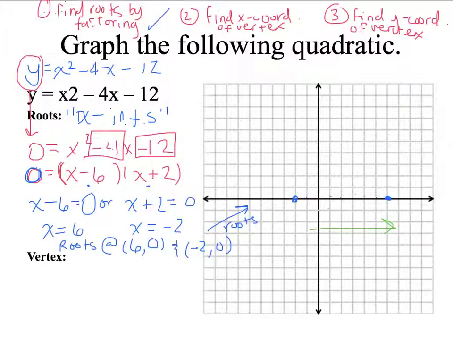Horizontally they're symmetrical, which means if we found somewhere to fold along, one of them is going to have to be exactly in the middle of the parabola so that when we fold along it, our two roots actually line up perfectly with each other.